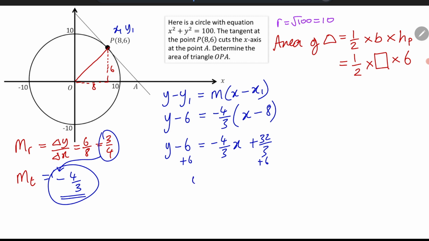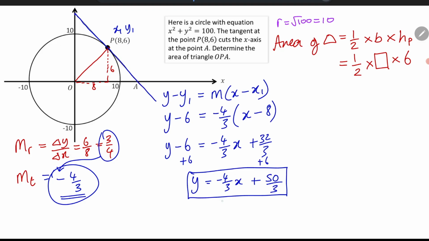So that gives us y equals negative 4/3 x plus, this is going to be 50 over 3. So we now have the equation of this blue tangent. That's the equation of this line here. It makes sense that the gradient is negative, and it makes sense that the y-intercept here is 50 over 3. So let's just label that. We don't need to do that, but just for giggles we can.